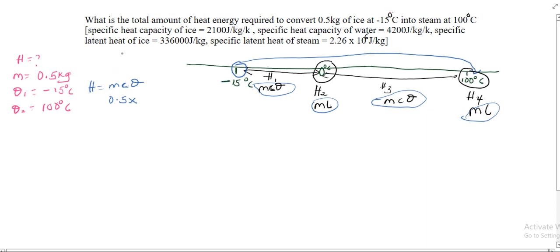So the C of ice we are to use is 2100, multiplied by the change in theta. So it's moving from -15 to 0. 0 is more than -15, so we put 0 first: 0 minus -15.